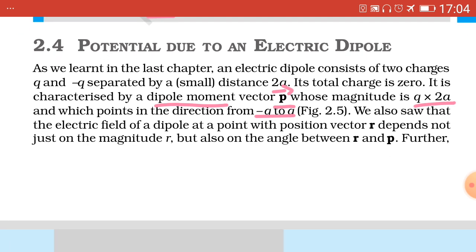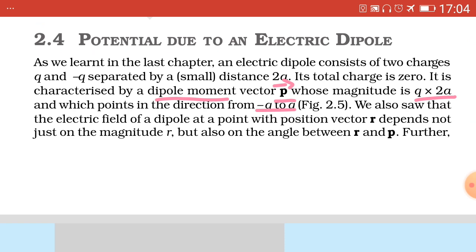That is potential due to an electric dipole. We consider an electric dipole with dipole moment vector p, whose magnitude is small q into 2a, and its direction is from minus q to q.